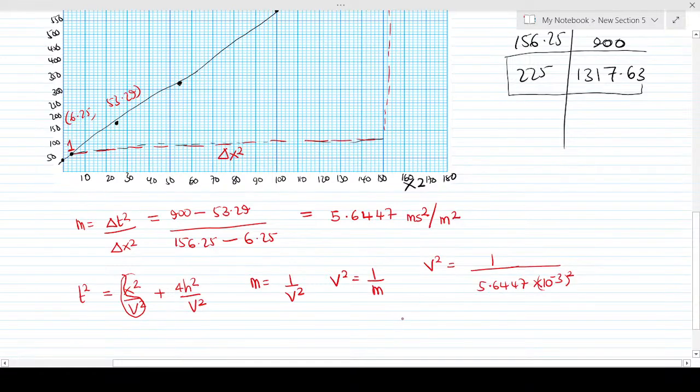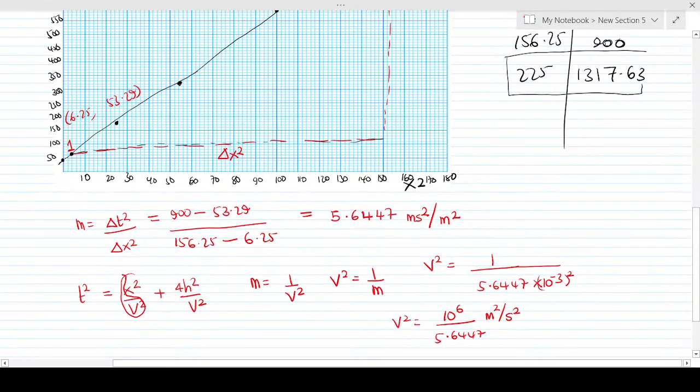And so my v squared is going to be 10 to the power 6 over 5.6447. And this is in meter squared per second squared. So that's the unit now.